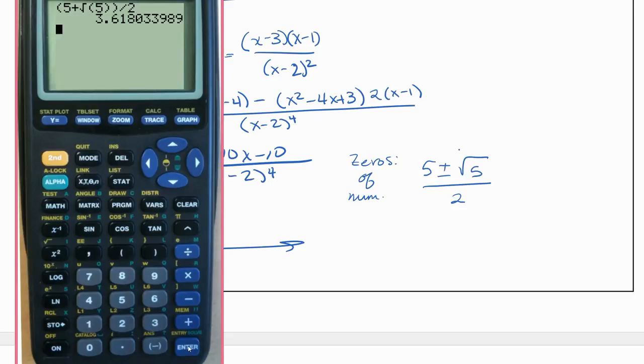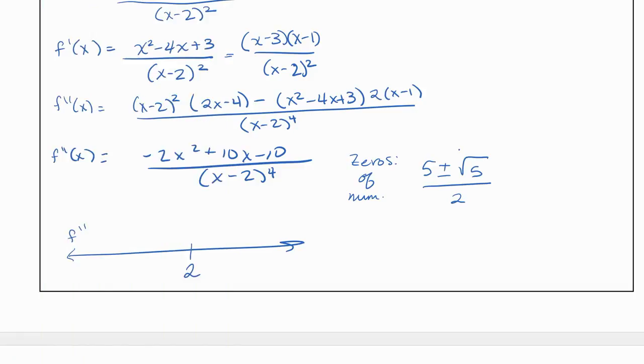So that's about 3.6, and 5 minus the square root of 5 all of that over 2 is 1.4. Okay, so we know we'll want to put 5 minus the square root of 5 over 2 here, and 5 plus the square root of 5 over 2 here.